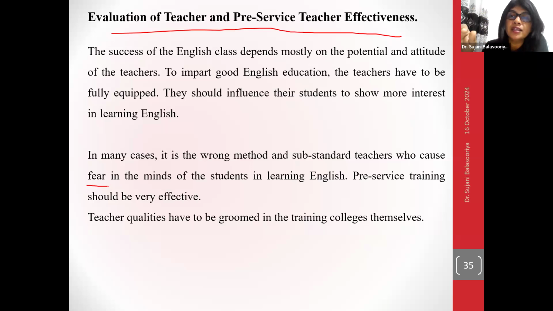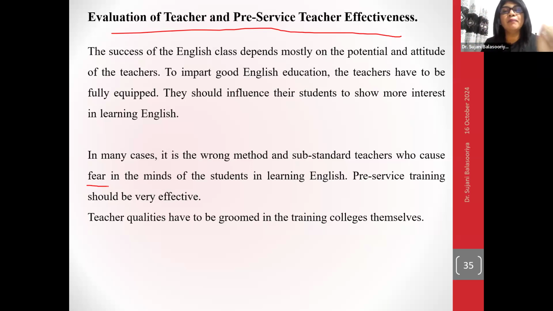Therefore, learners have a fear in learning and using English, thinking that they might be subjected to laughter. Okay, right? So therefore, it is up to the teacher to remove this kind of ideas, this kind of inhibitions from the minds of the learner.